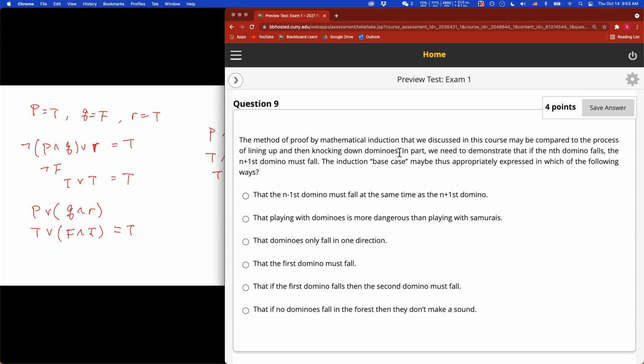will fall and carry the next one to fall. And it's asking what's the base case. For the base case, you always prove the very first case, like the very first value of your parameter is true. So when you line up dominoes, your base case is that the very first domino falls, like someone is knocking it down. You need to show that the first domino falls, nothing else.